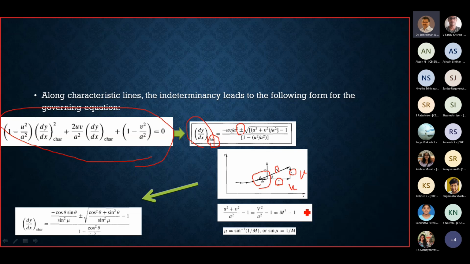Now, just by considering the trigonometry, the term we have here can be written in terms of cos θ, sin θ, etc., which in turn can be further simplified.